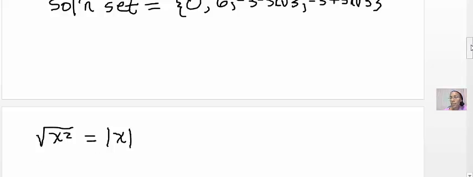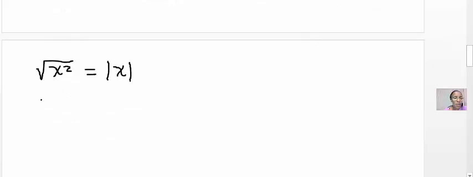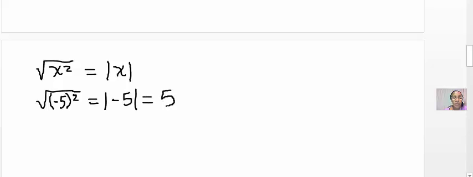For example, the square root of the square of negative 5 is the absolute value of negative 5, which is 5.